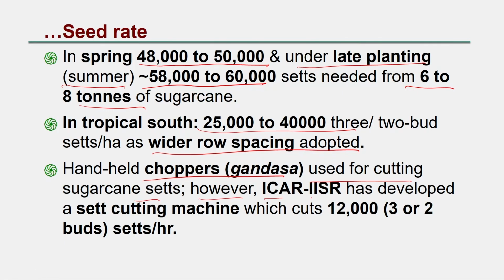However, ICAR, Indian Institute of Sugarcane Research, IISR, has developed a set cutting machine which cuts 12,000 3 or 2 budded sets per hour. So, its capacity is very high. If you use the manual cutting method, then it takes a lot of labor.